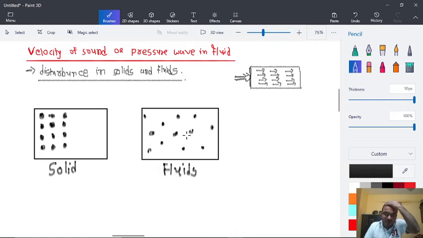And this distance between molecules depends on the density, and consequently on the pressure. So that is the fundamental we need to take care of: the velocity of disturbance depends upon the pressure or density in the fluid.